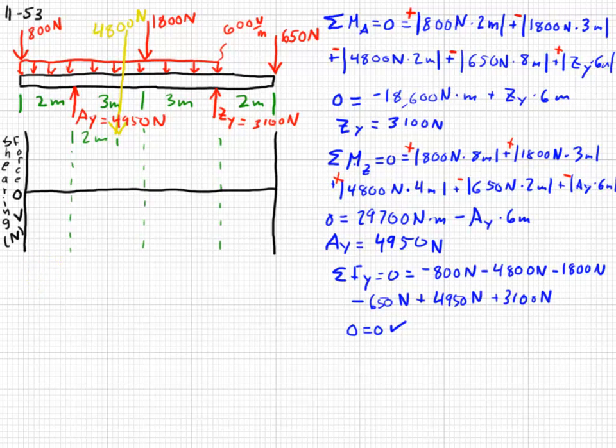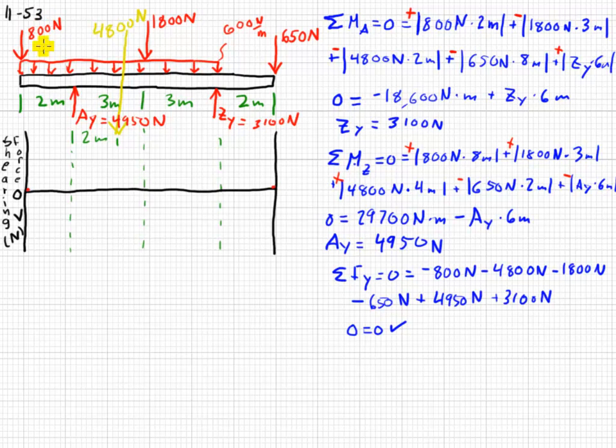Our rules are that we start and end at 0. So I know I'm starting at 0 here and finishing at 0 over here. And upward forces, such as our AY and ZY, will cause upward changes in the force, and downward forces, such as our loads here, will cause downward changes in the force.